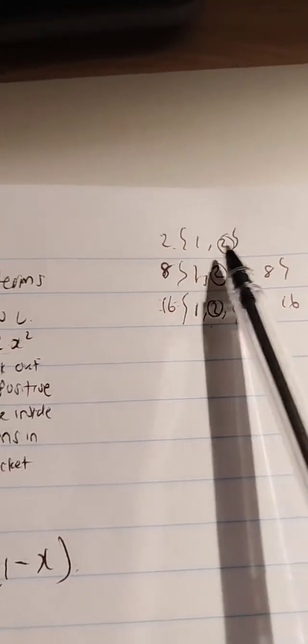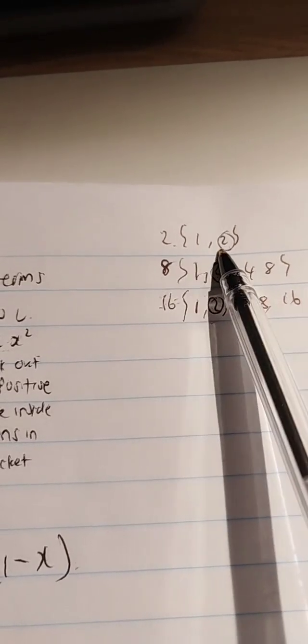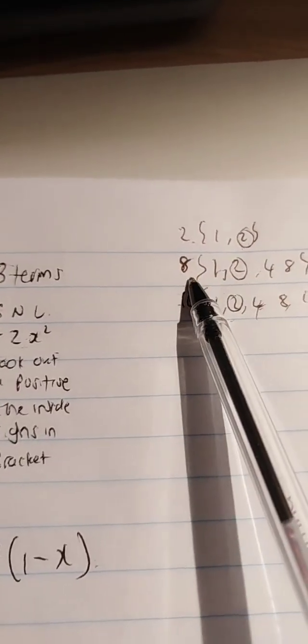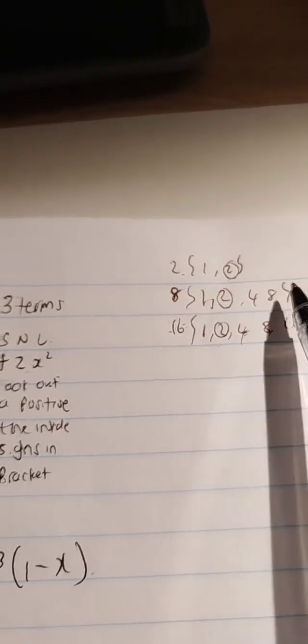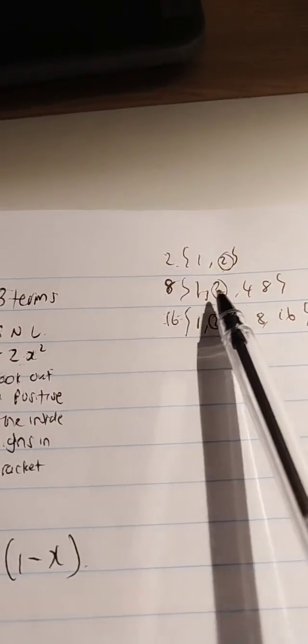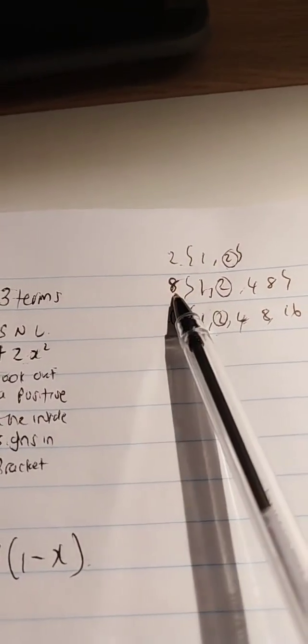So if you write down the factors of 2, the numbers that go into 2, we have 1, which goes into 2 how many times? 2 times. So these are the factors of 2, 1 and 2. The factors of 8, we have 1 that goes into 8 how many times? 8 times. Followed by 2, which goes into 8 how many times? 4 times. And there's no other factor.